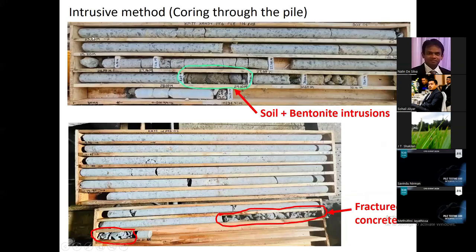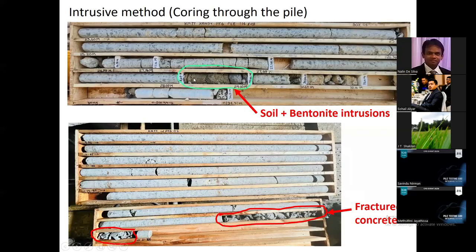This is an example of a core taken through the pile. You can see the concrete core. Some breaks are actually mechanical breaks. During coring, the concrete breaks, and it may not indicate a break or a defect along the pile. But this is a clear indication of a defect.